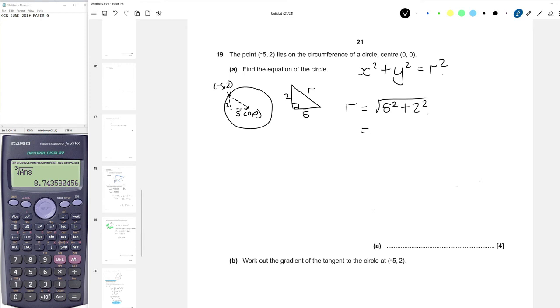So if I work that out, that's the square root of 29. And I'm just going to leave it in surd form for now. So now I know what r is, I can rewrite my equation of a circle. x squared plus y squared equals r squared. So root 29 squared is just 29. So that would be my final answer.